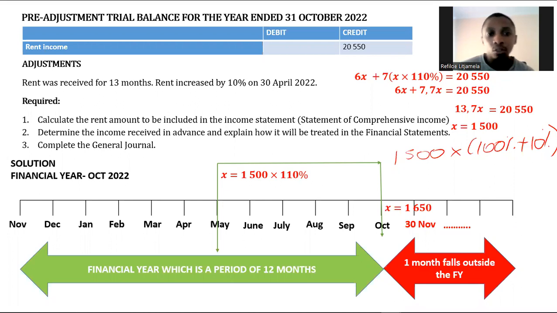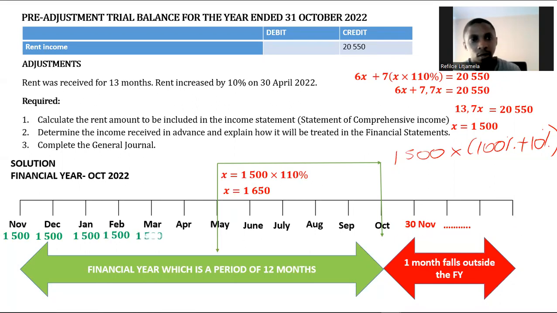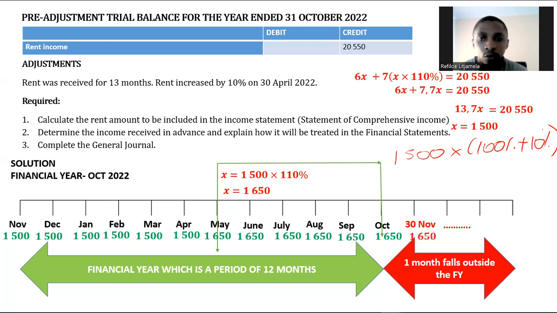So my monthly rent after the increase will simply be 1,650. Now, just to break it down for you as to what it was: from November, it was 1,500 up until the end of April. From May onwards, it was 1,650. But now this 1,650 goes into November.